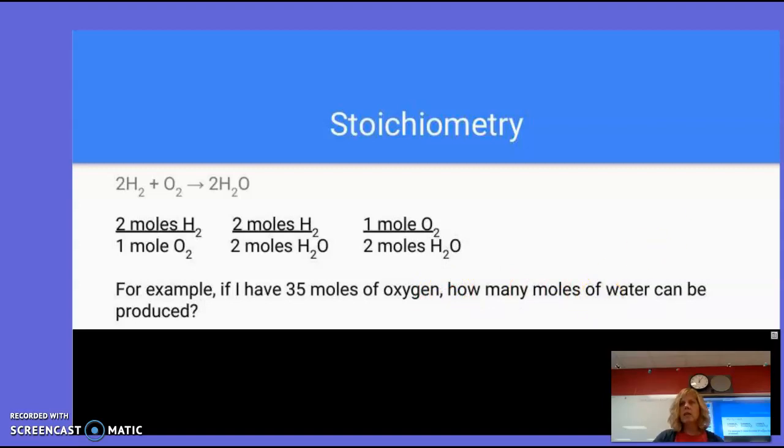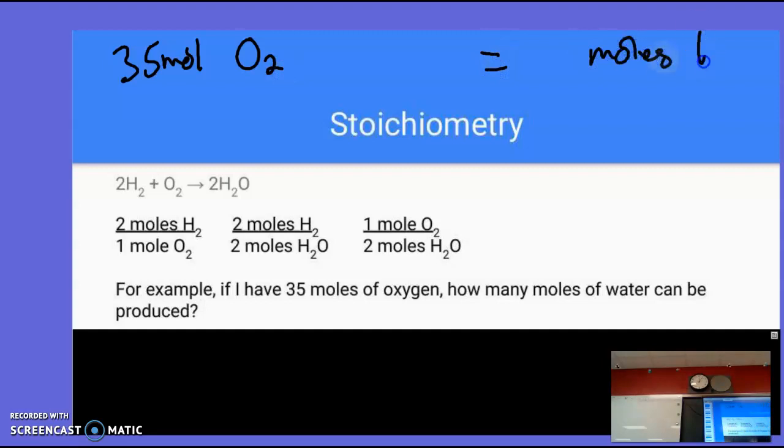So I'm going to set it up the same way. It's that recipe. So I have 35 moles of oxygen. I want to go from moles of oxygen to moles of water. What conversion factor goes from moles of oxygen to moles of water?